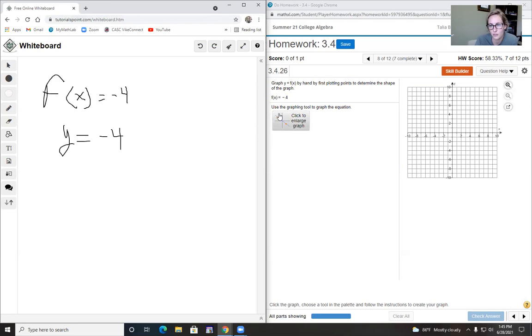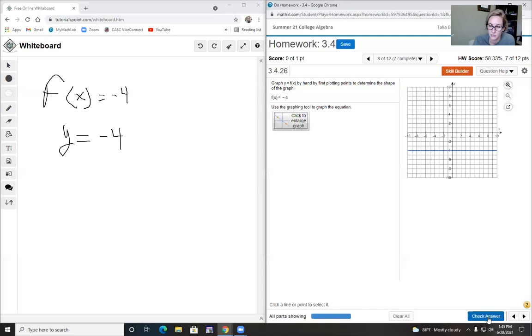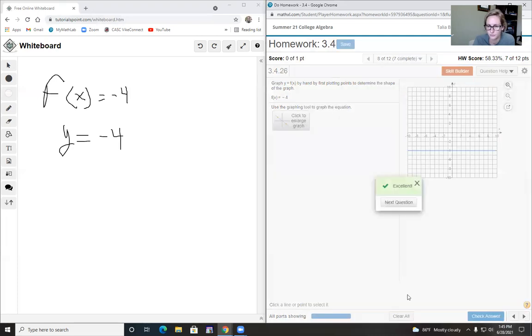And that's that horizontal line where y is always -4. So for a horizontal line, go to -4. That's where y equals -4. And that's the only thing that's not going to change on this graph. It's constant. y equals -4.